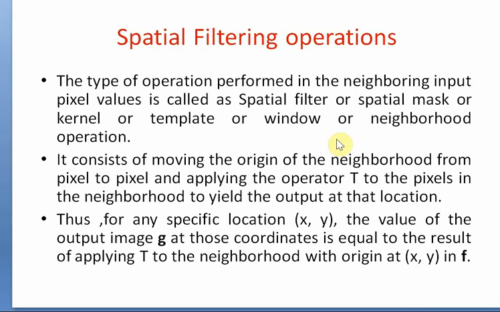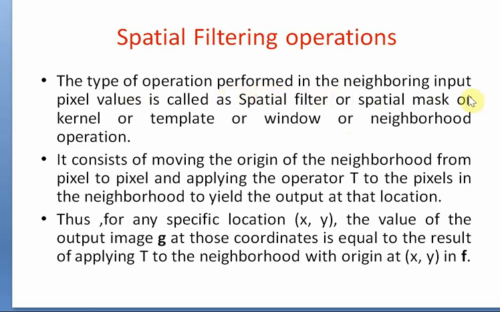Then you get the modified value for the output image at the location x comma y. The number of neighbor pixels of x comma y depends on the mask size, kernel size, or template size.